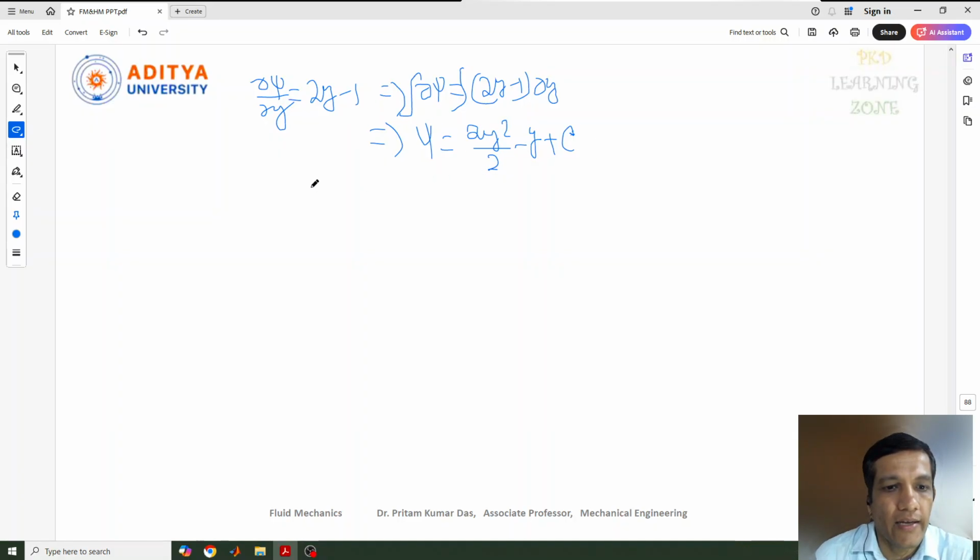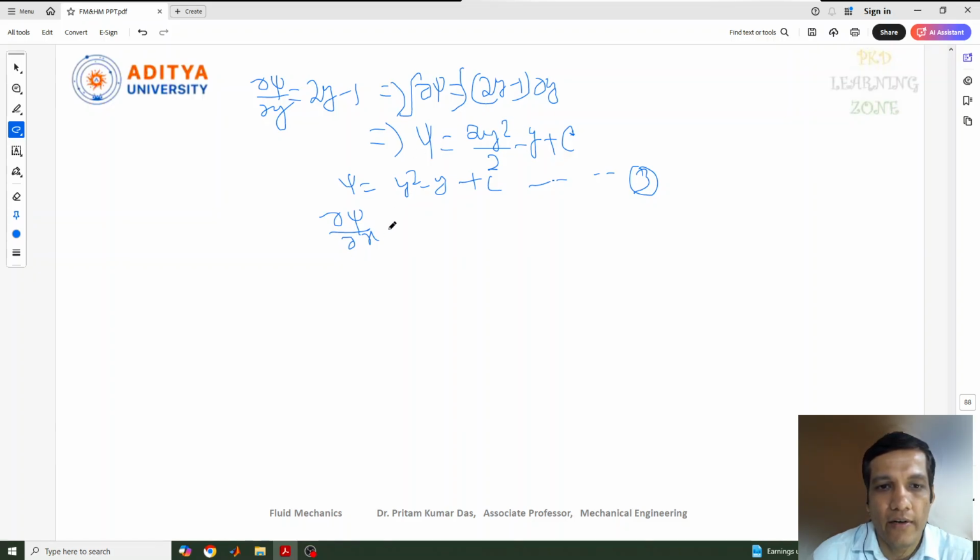So let's find out the value of the constant of integration. You can write psi equal to y square minus y plus c, suppose. This is equation 3. Now differentiate this equation, del psi with respect to del x, because we cannot differentiate with respect to y.